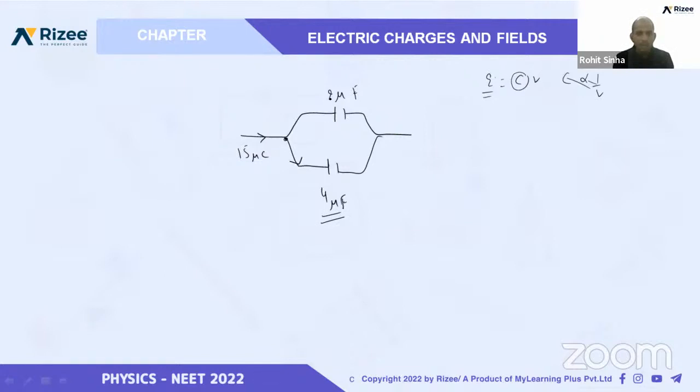How much more? With respect to this, it is double. That means if 2q charge moves this side, then q charge will move this side. So the total charge will be 3q, and 3q is equal to 15. That means q is equal to 5. By this way also we can solve.